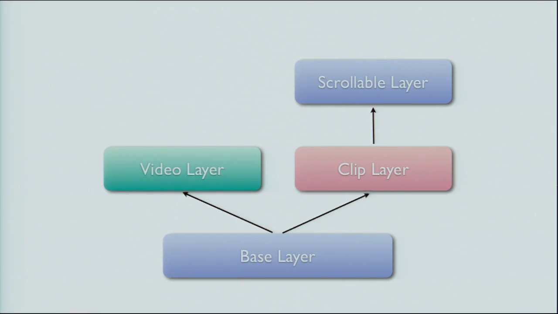Right, so on this previous page, this is how it would look in terms of WebKit. You would have the base surface, the base layer. You would have one video layer, clip layer, and scrollable layer. The good thing with the video layer is that if you remember what I was explaining earlier about the Flash plugin, you want stuff to be synchronized. The problem that we had before is that we didn't know where it was, or we knew too late, because the rendering was asynchronous.